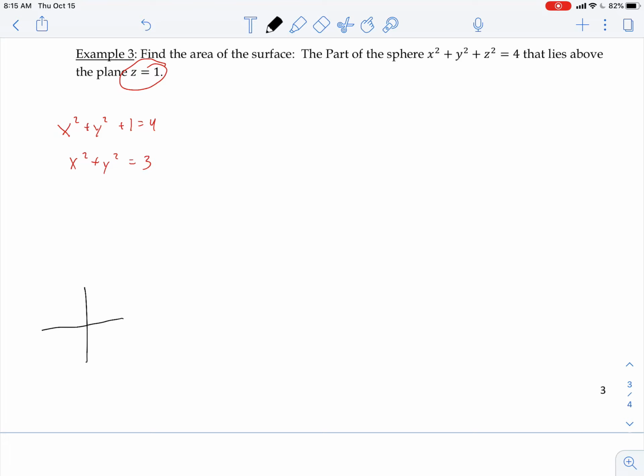So let me just give you a picture of what this is actually doing. We have our three-dimensional space, and here we have a sphere of radius 2.